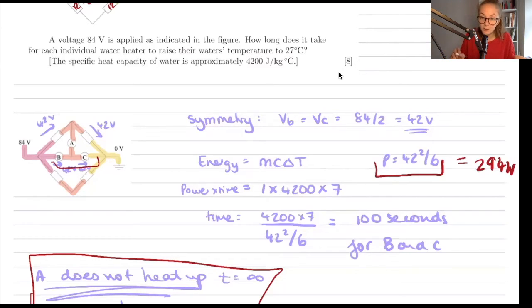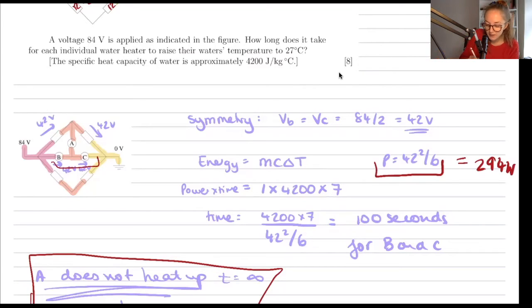So we know the power dissipated in B or C, but what we need to know is how long we need to run our component at this power in order to generate enough energy to raise the liquid by 7 degrees.